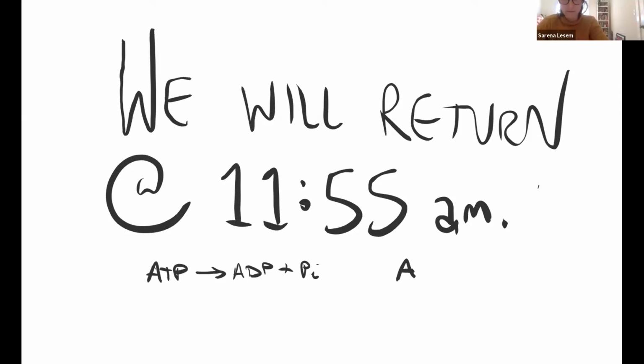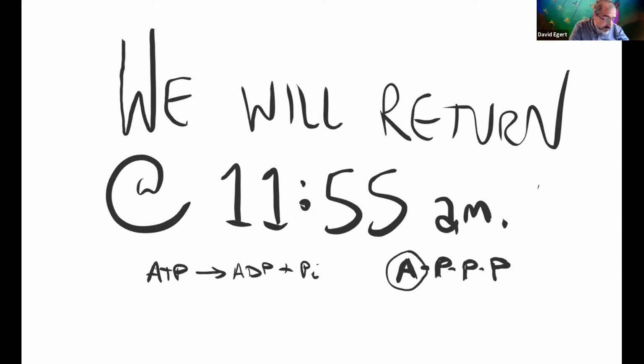The A is basically the nucleotide base, the adenosine, that you have in the nucleic acids, and then it has 3 phosphate groups attached. These are each a phosphorus and 4 oxygens. There's a lot of energy stored in the bonds between the phosphates.